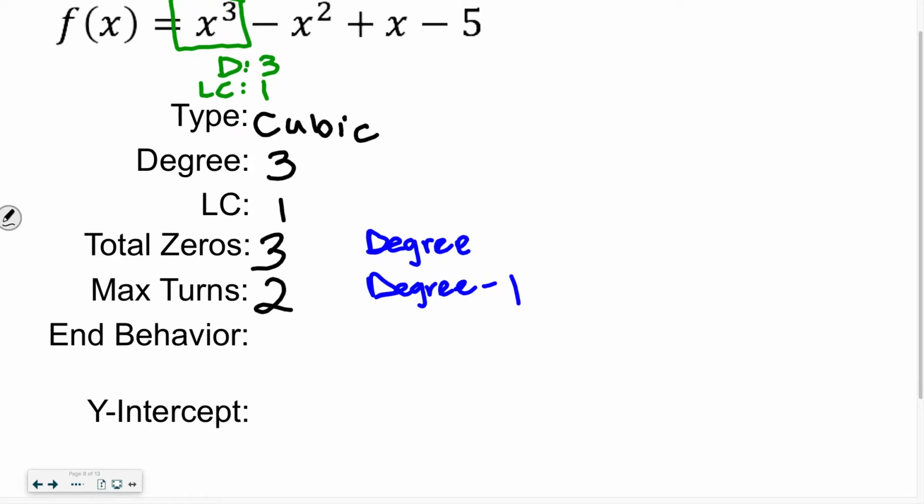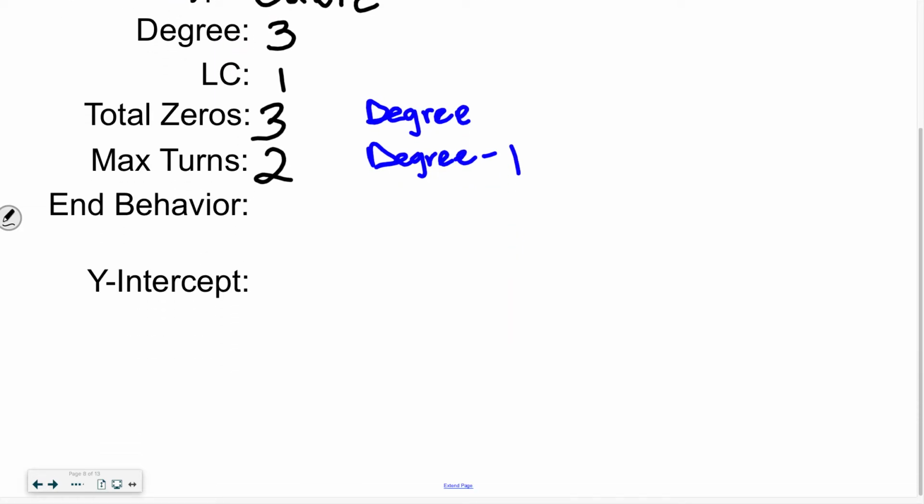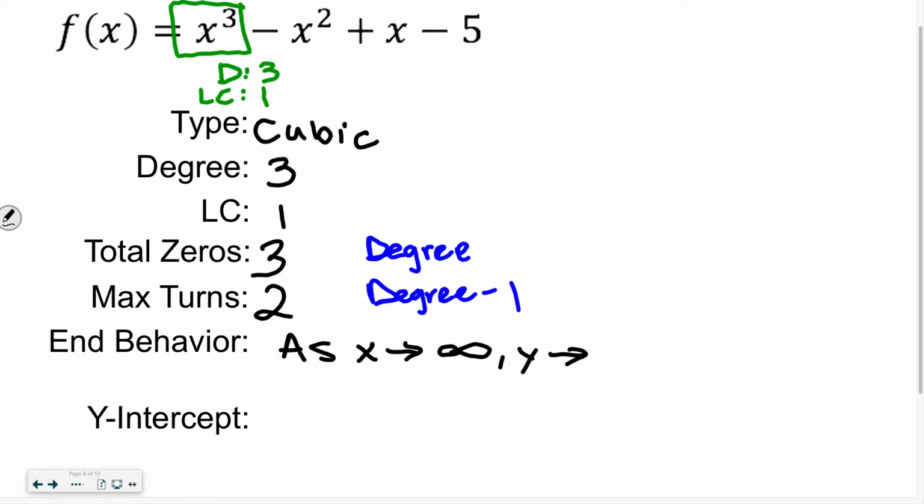And behavior. What side do we do first? The right side. So I'm going to say, as x approaches infinity, goes to the right, y goes, and I've got to fill in that blank, right? Now I'm utilizing my leading coefficient test.